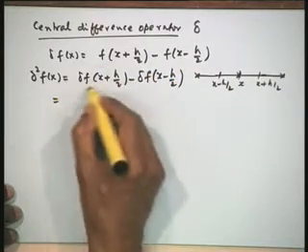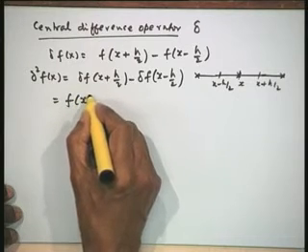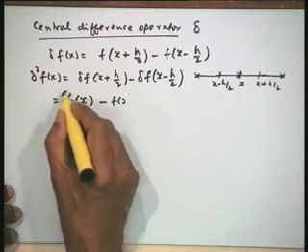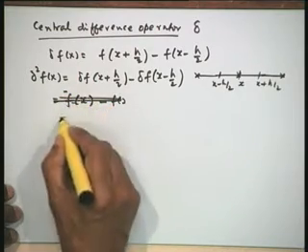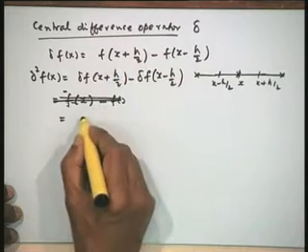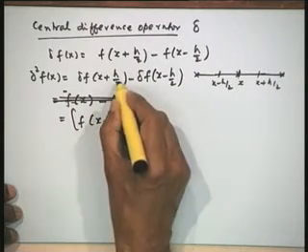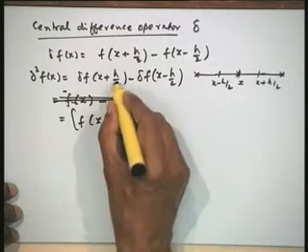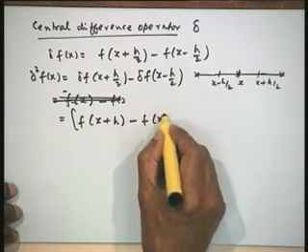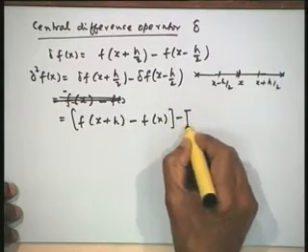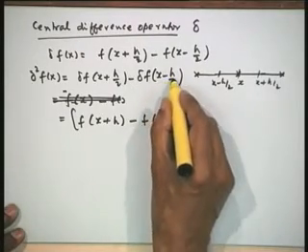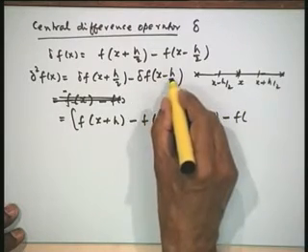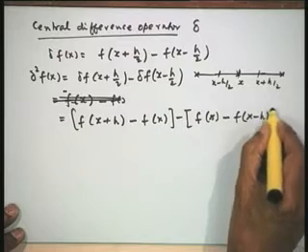So, if I now apply on this, I will write one more step. This is δ f(x). Now, operate on this: this will become f(x + h/2 + h/2), that is f(x + h), minus f(x + h/2 − h/2), that is f(x), minus f(x − h/2 + h/2), that is f(x), plus f(x − h/2 − h/2), that is f(x − h).